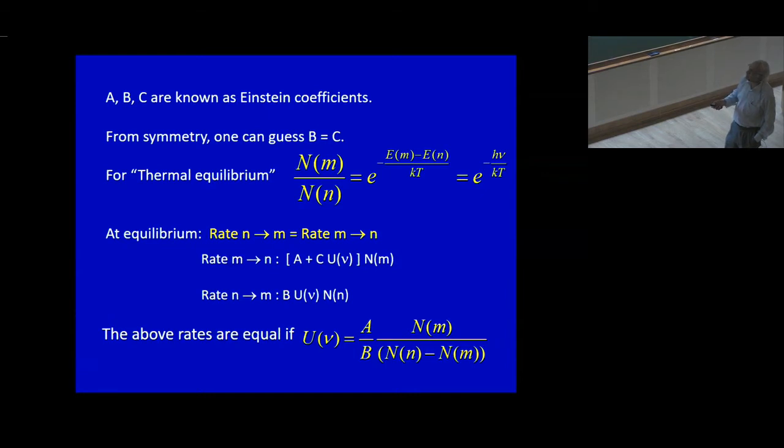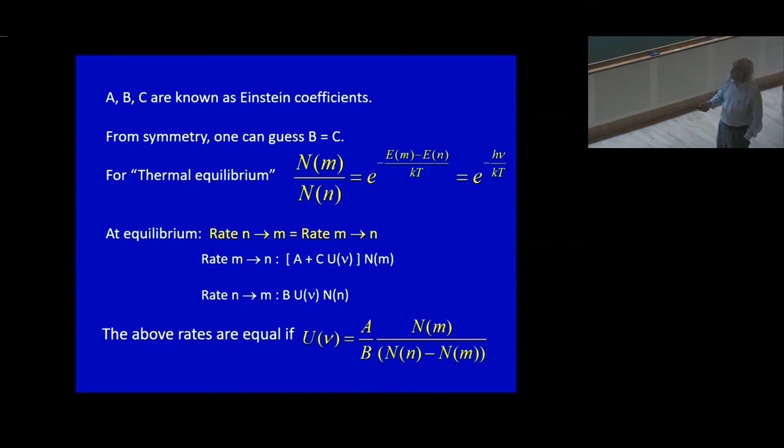The number of particles in the state N is proportional to e to the power minus En over kT. Therefore, the ratio of the number of particles in the state M to the state N is equal to e to the power minus (Em minus En) over kT.